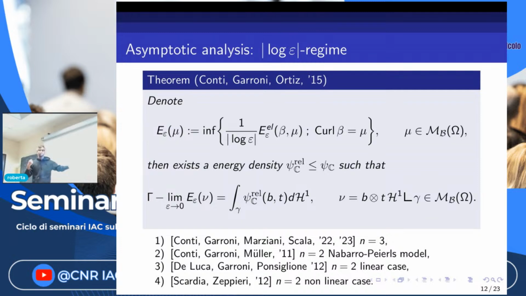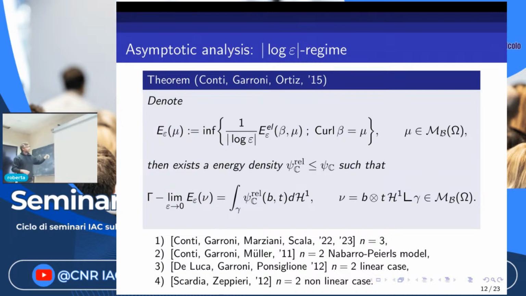So take all the deformations that are compatible with mu and take the best one. This infimum can be considered as the elastic energy of the dislocation, and it is what you end up with here.